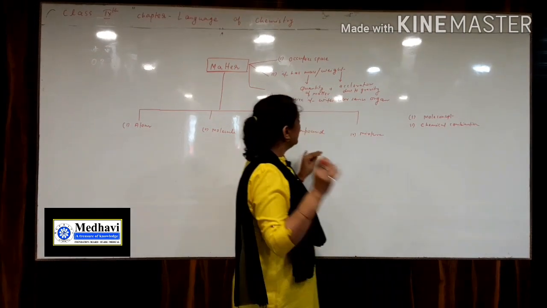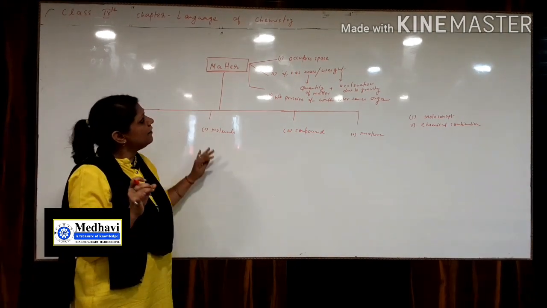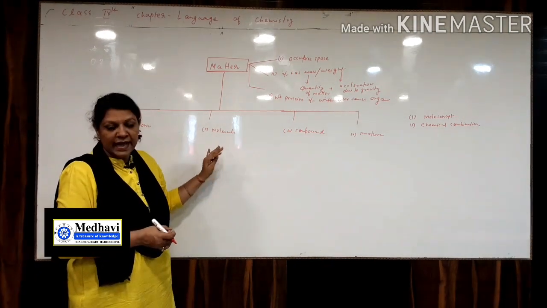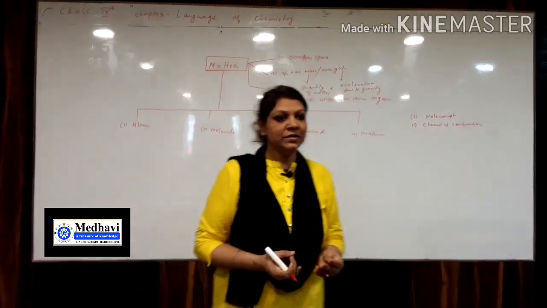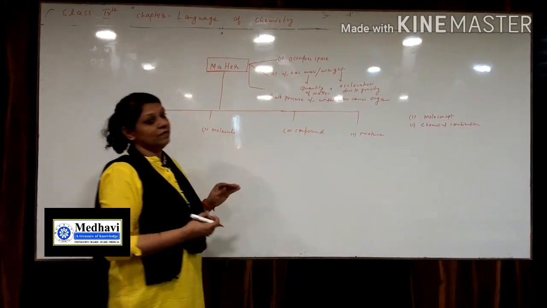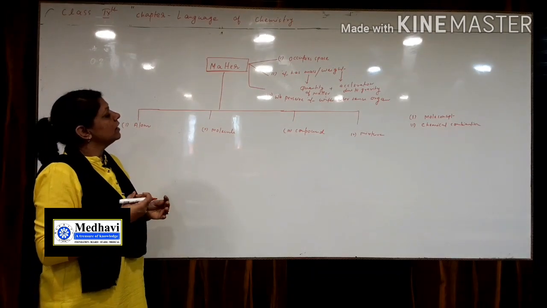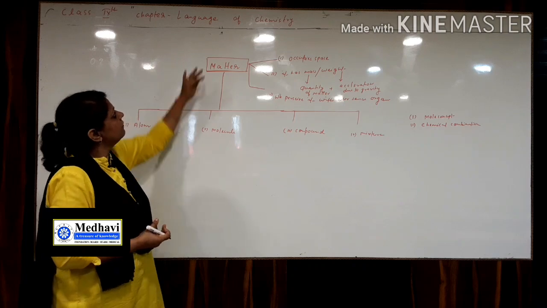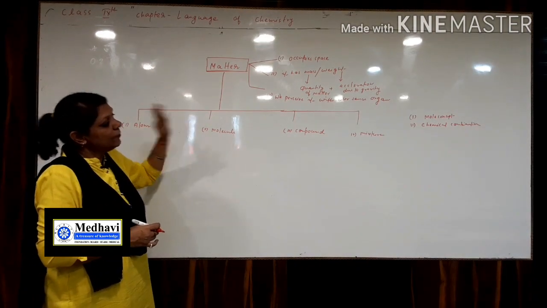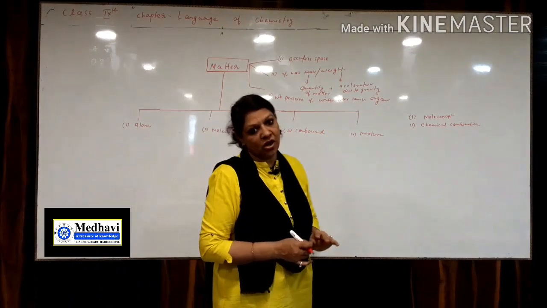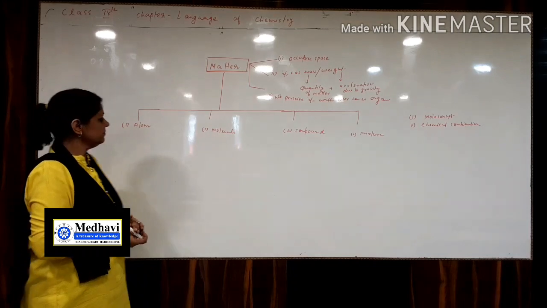That's why a number of students have problem with this part, and they say that chemistry is very difficult for me because they don't have confidence, they don't have concept of this. So if you want to make your chemistry strong, you have to make this chapter very well.